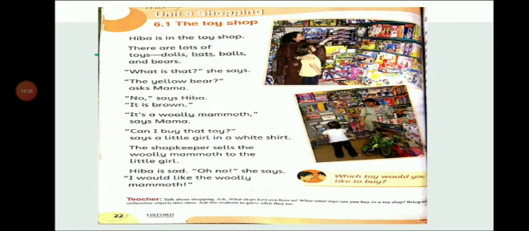Then she asked about a brown toy and Mama told her that it's a woolly mammoth. But what happened? Before she could purchase that specific toy, a little girl in a white shirt went into the shop and bought that toy. Which toy was that? Woolly mammoth.